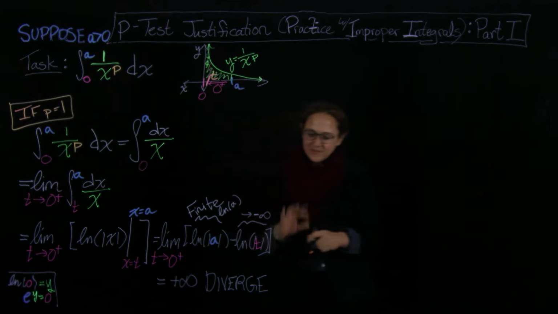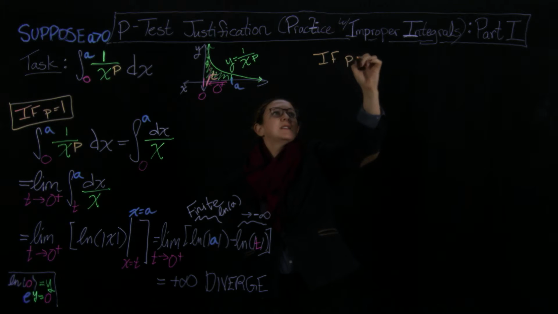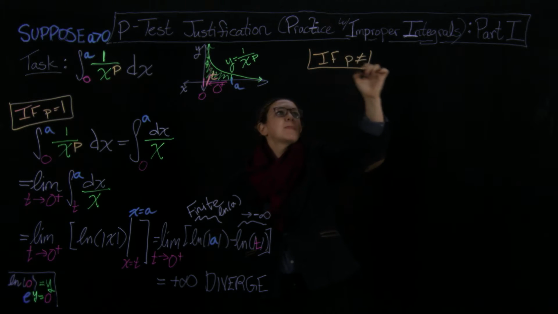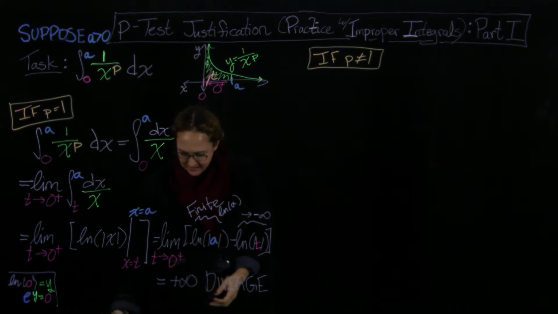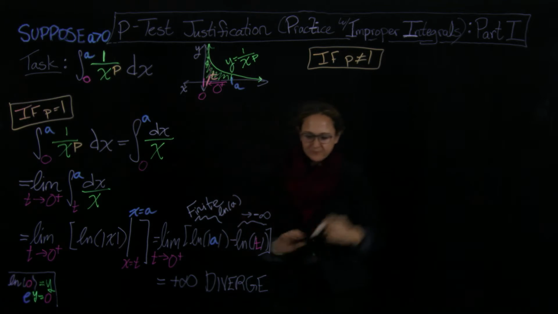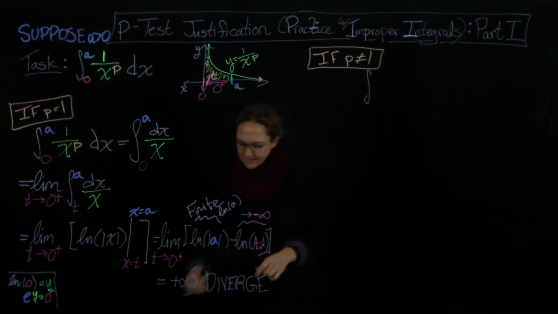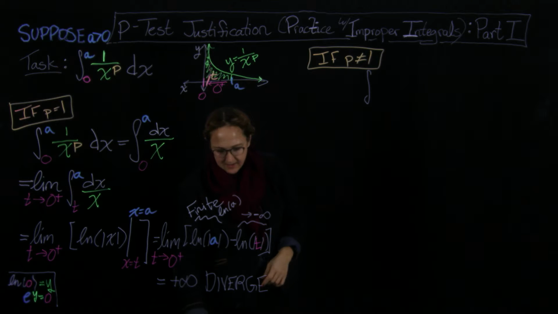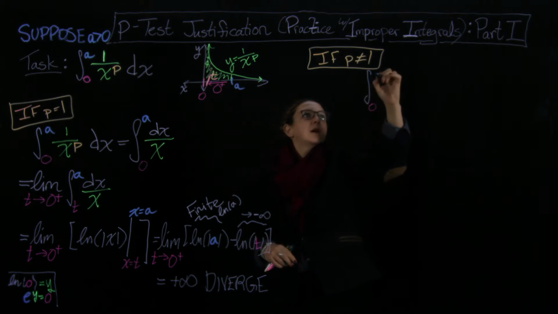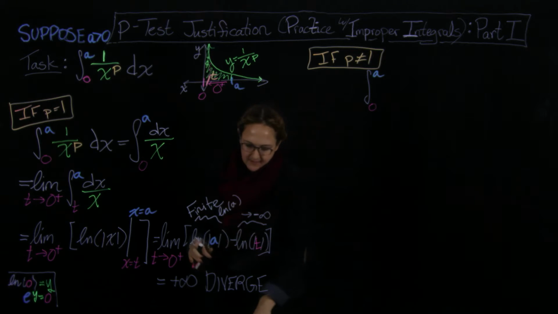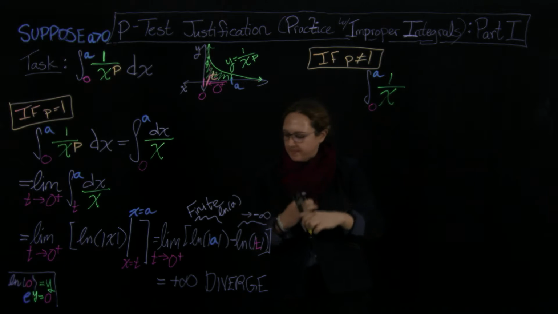let's look at the circumstance if p does not equal 1. So if p does not equal 1, then we have the integral from 0 to a of 1 over x to the p.